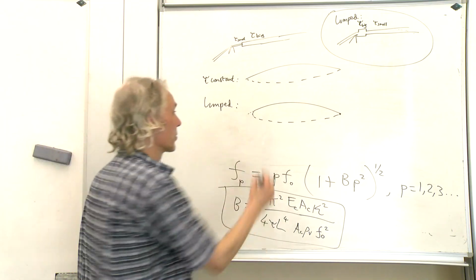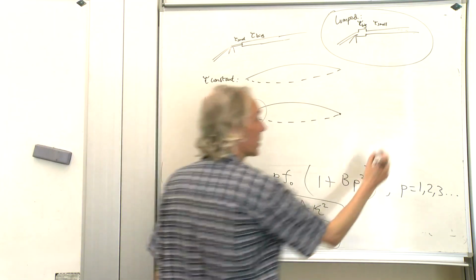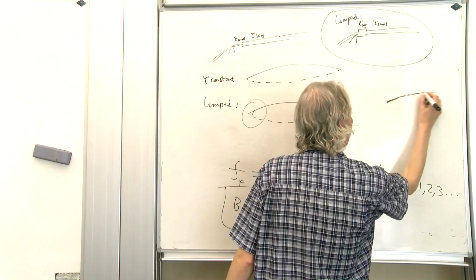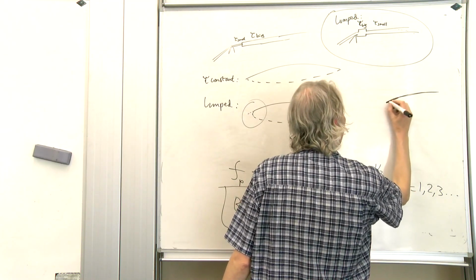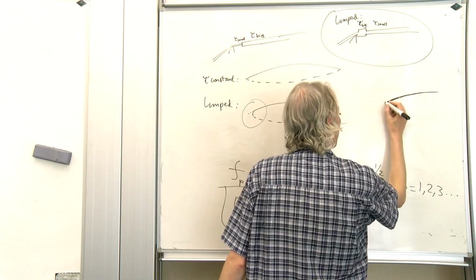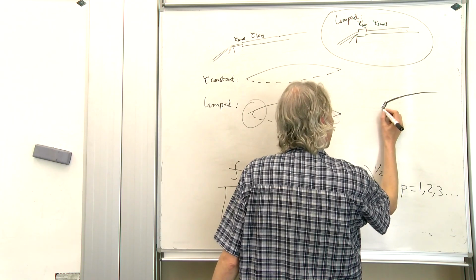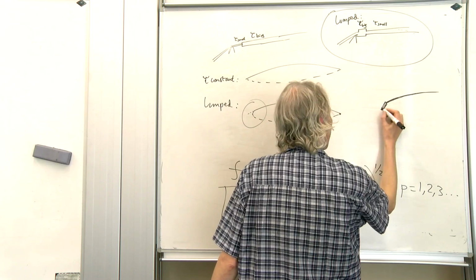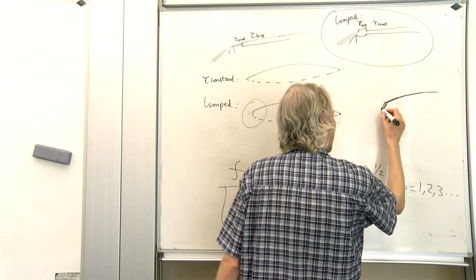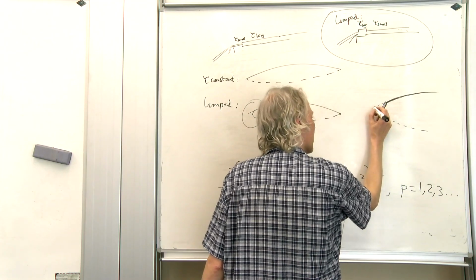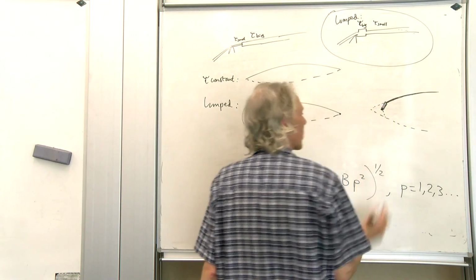So zooming in on this bit of string, where the interesting stuff's happening, the string is coming down, and then for the thicker bit of string, it's getting steeper. And it's behaving like a longer string.